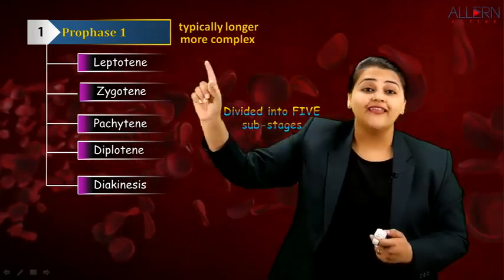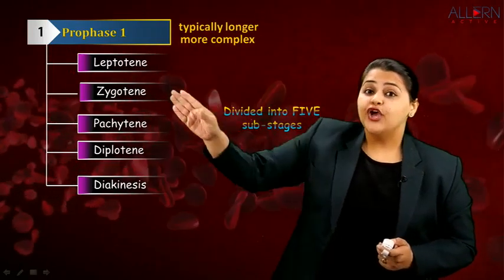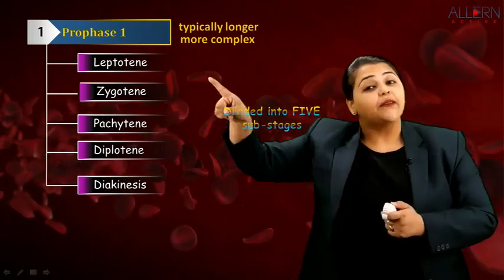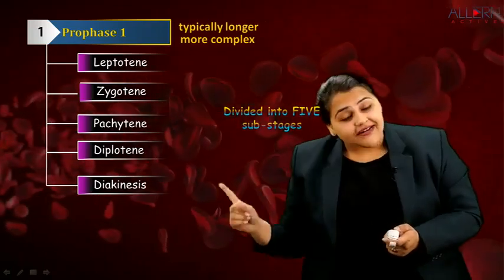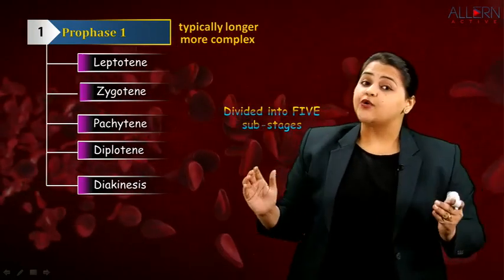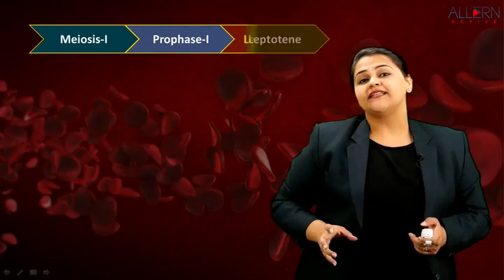Again, leptotene, zygotene, pachytene, diplotene, diakinesis. So these are the 5 stages within prophase 1. And because it is so long, that is why meiosis prophase 1 is going to be typically longer and complex. So let's start with prophase 1 of meiosis 1 and the first stage, that is leptotene.